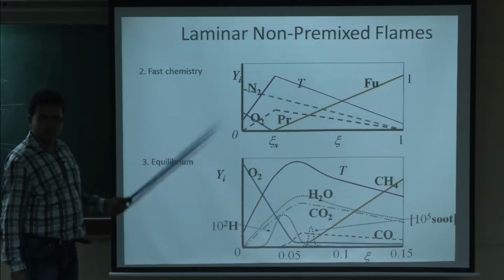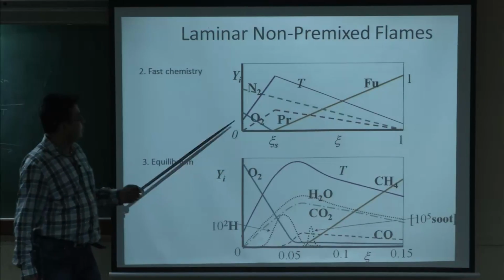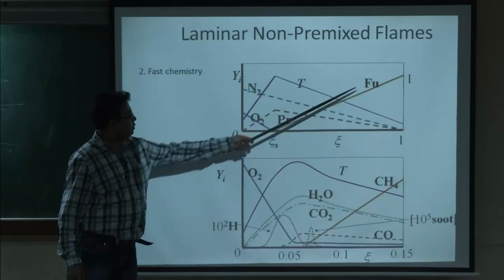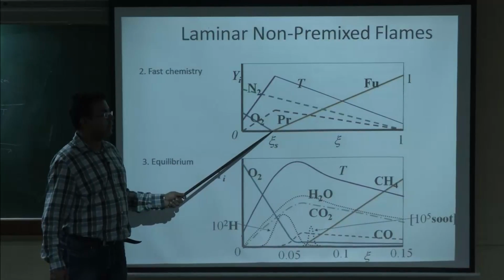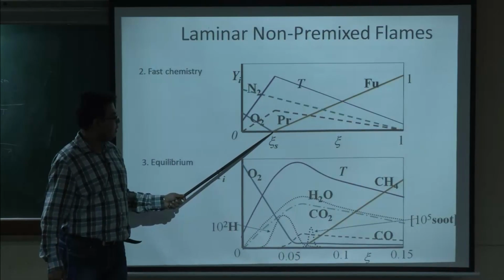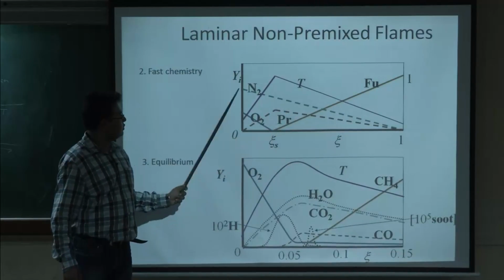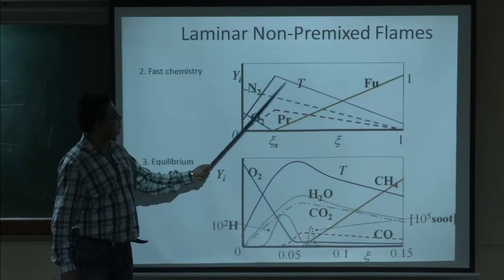Another is the fast chemistry, where fuel plus oxidizer goes to product. Here you have the oxygen profile and the fuel profile varying like this, and at the stoichiometric point you see that there is no oxidizer and fuel, only product. This is the product mass fraction and the rest is nitrogen, which you can plot, and the temperature is like this.